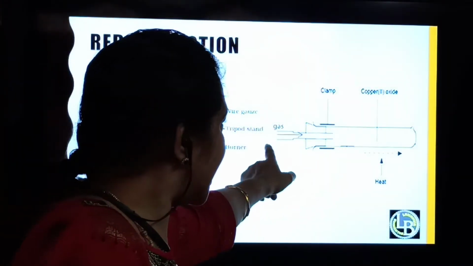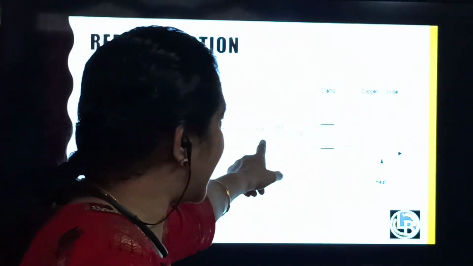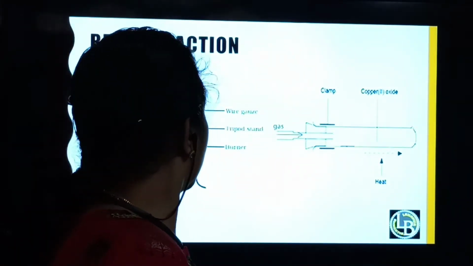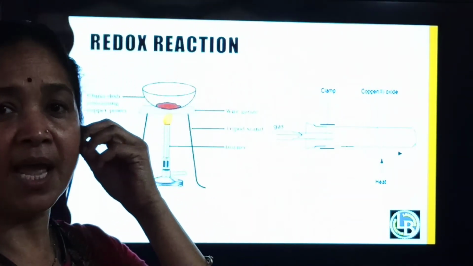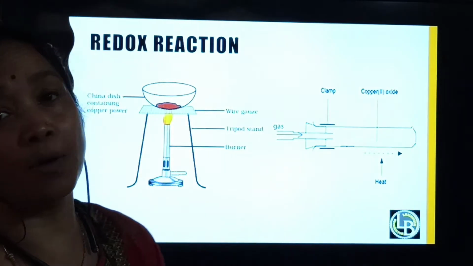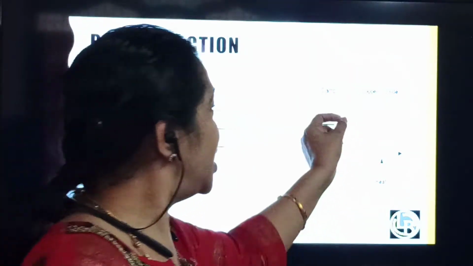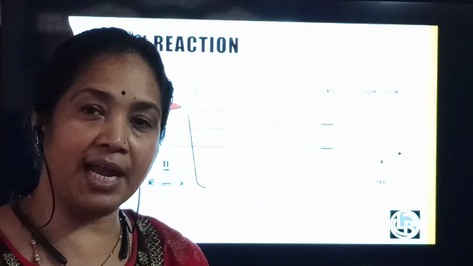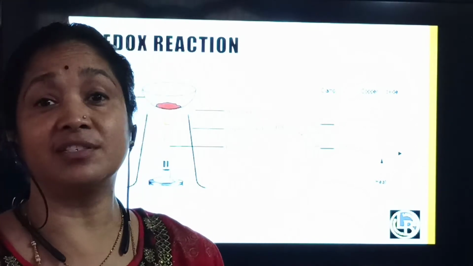In the second case, you can see there is an inlet of gas. There is a chamber. They have taken this china dish and introduced it into this discharge tube, and this china dish contains black copper oxide, CuO. Into this black copper oxide, hydrogen gas is passed, and CuO reacts with H2 gas and undergoes reduction.